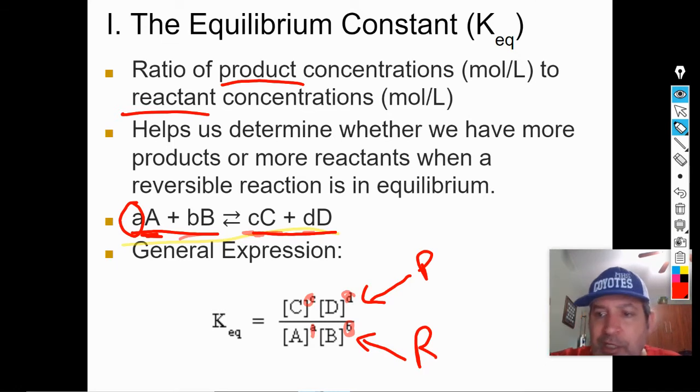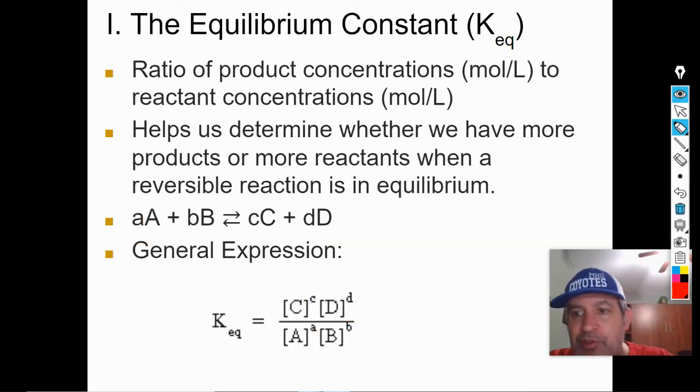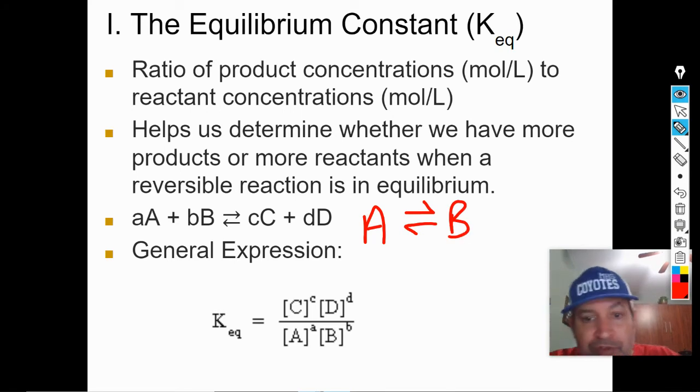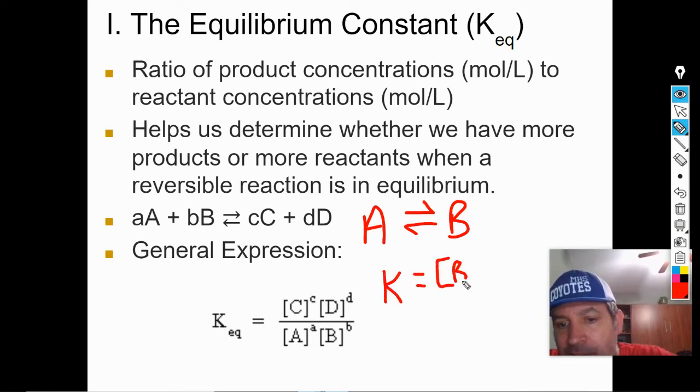Now, let's go back to the example that I just showed you with A going to B, and look at that again. So we have A turning into B, and you notice there are no coefficients written in front of them, which means they're 1. So technically what I'm doing is putting B to the first power, which we don't usually write, and A to the first power.